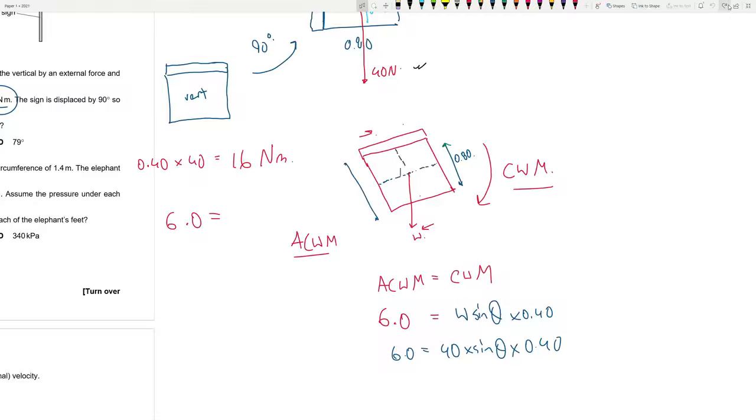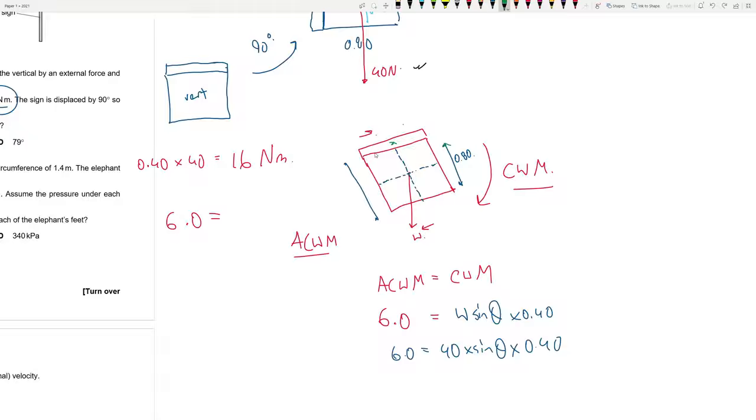Our weight is trying to provide a clockwise moment, but it's being counteracted by the friction provided by the hinge of 6 Newton meters over here.